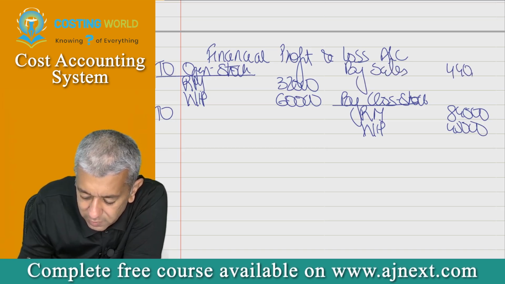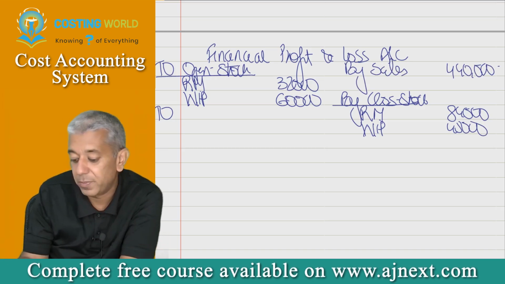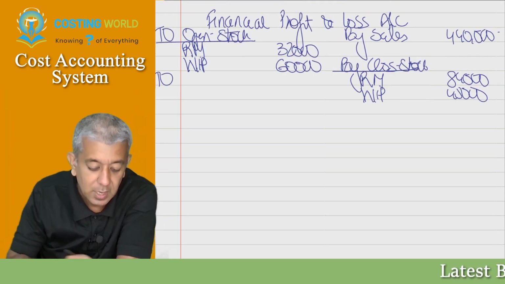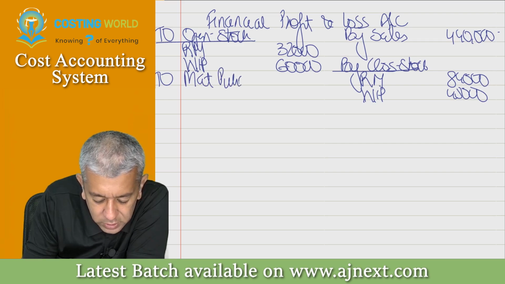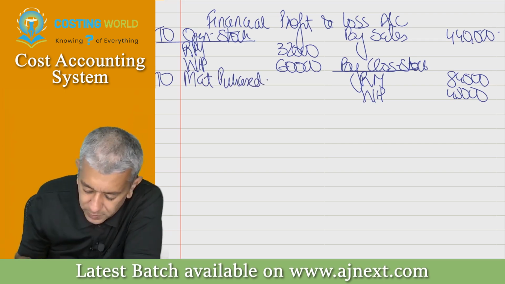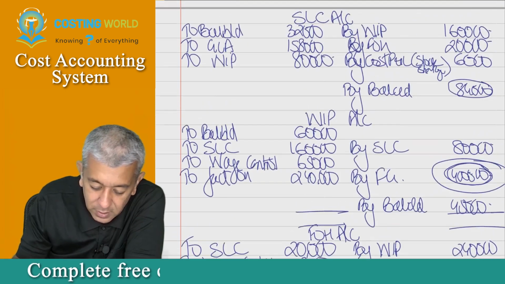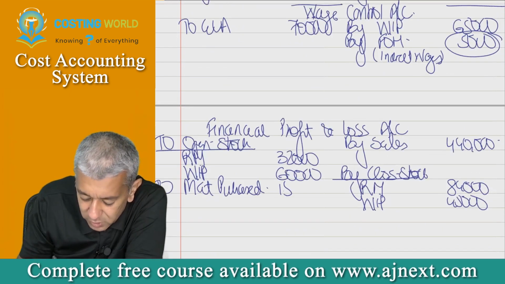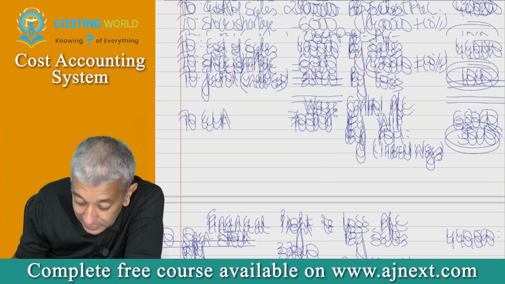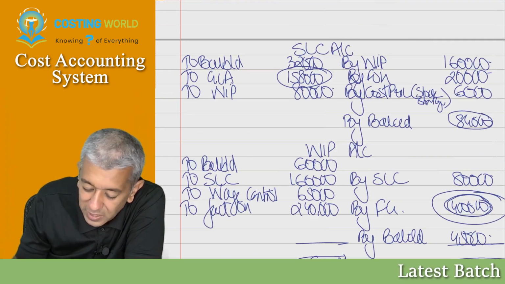Sales was 4,40,000. Apart from that, now all transactions. Transactions means, first of all, there should be materials purchased here. Materials purchased was 1,58,000.